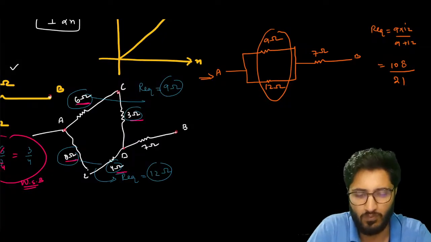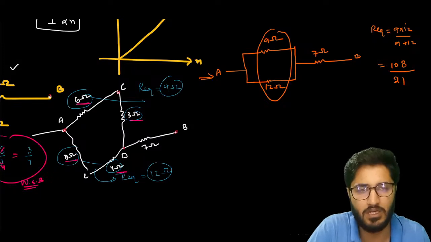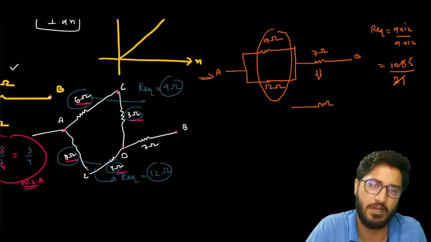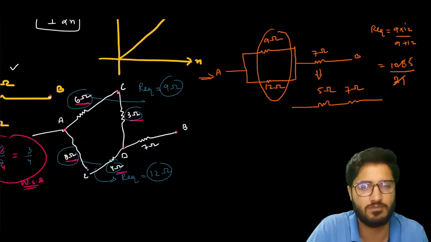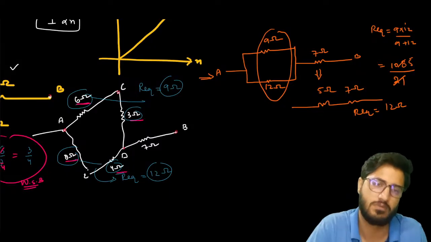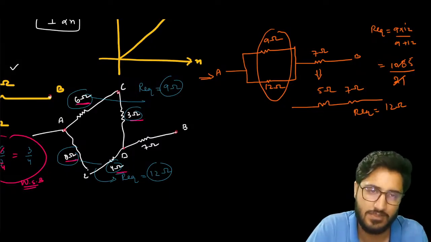Now 108 divided by 21, I guess it is 5. So now make one more diagram. This one is 5 ohm. This one is 7 ohm. So R equivalent came out to be 12 ohm. Yes, this is my required answer.